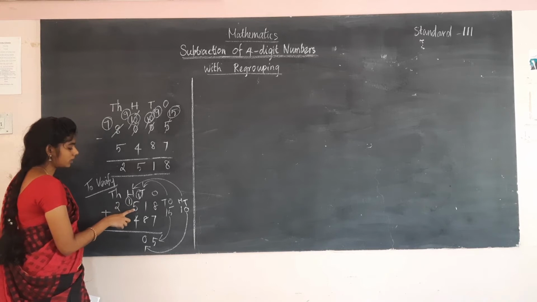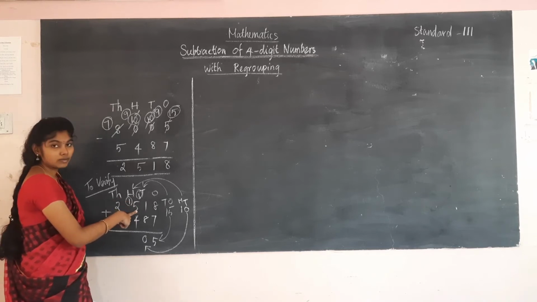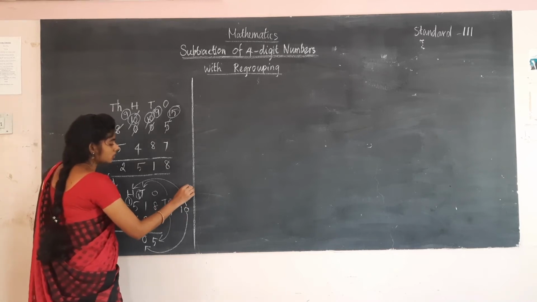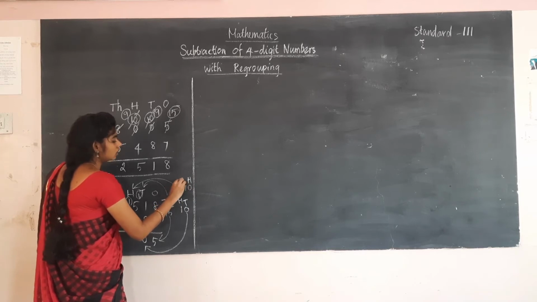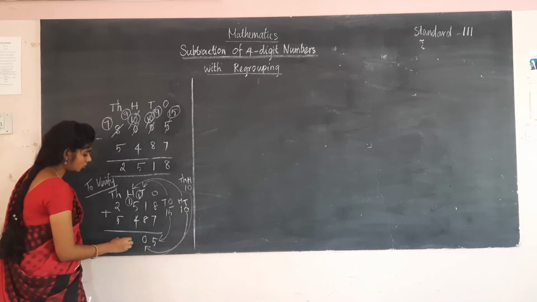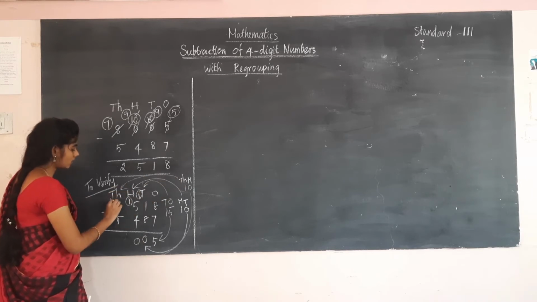So 1, 5, 100 and 500 and 400. So 1 plus 5 is 6, 6 plus 4 is 10. So now write 10 outside with the places, hundreds and thousands. Take 0 to the hundreds place and 1 to the thousands place. You are carrying over the number.